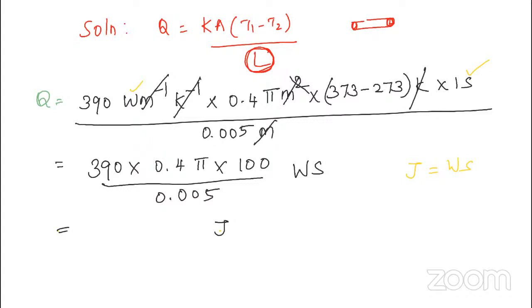The radius conversion we have already done. 10 centimeters we converted into meter, that is 0.1 meter. Then 0.1 meter is multiplied by 2 meter.